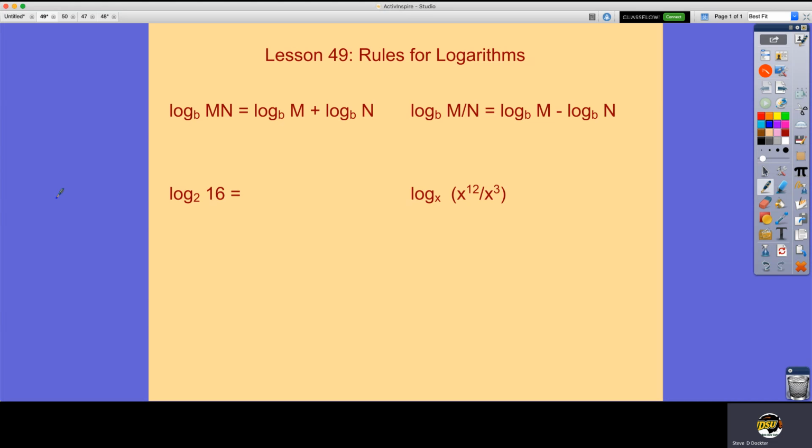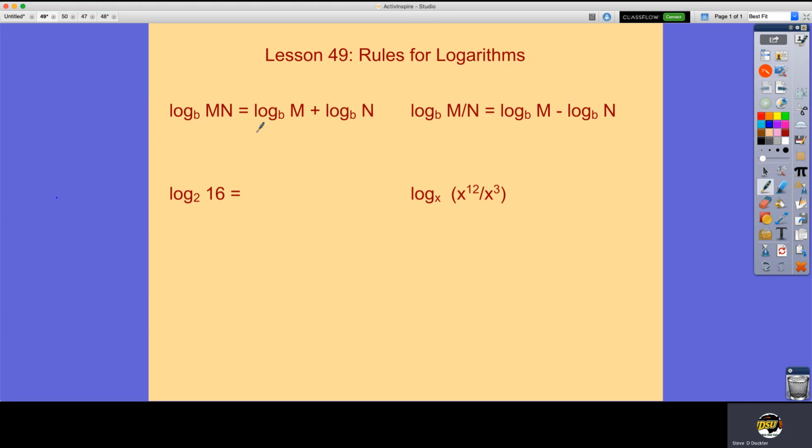So as we talked about before, when we have two numbers multiplied together, or maybe it's a number and a variable, it doesn't really matter, or maybe two variables, you can split them apart by adding them. This is the same thing as we had before.